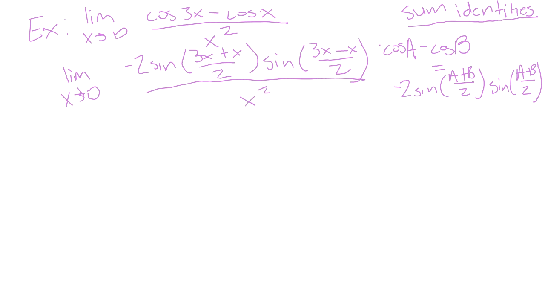We can clean up this numerator a little bit more into where we now have -2 sine of 4x over 2 times the sine of 2x over 2.